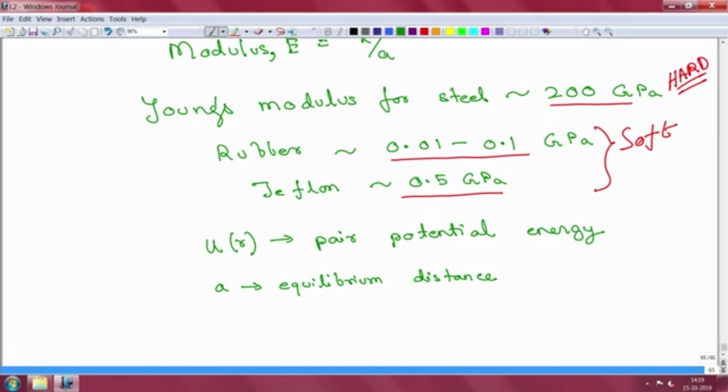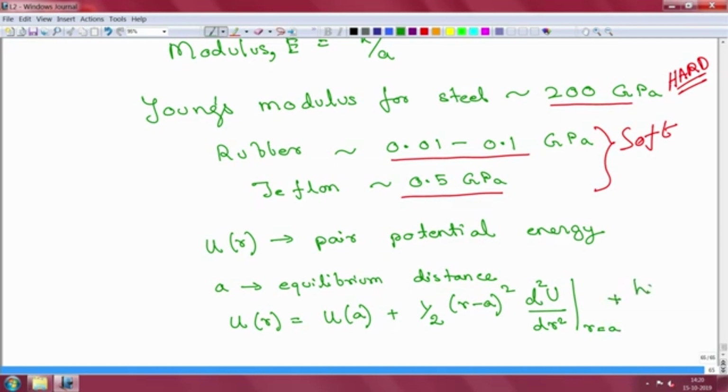So, when you take two atoms and you separate them slightly, displace them from their equilibrium positions, then if I want to write U(r) in terms of values at equilibrium, I could say that this is U(a) plus the second derivative term, plus some higher order terms.